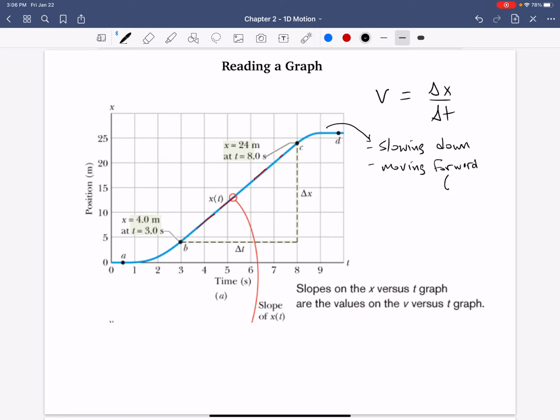And by forward, I mean the plus x direction. Over here, from point A to B, what's happening is that it's speeding up. It's getting faster and faster because the slope of that tangent line is getting from 0 to some positive number, and it is also moving forward.